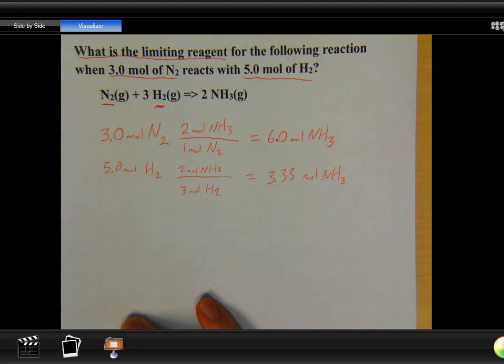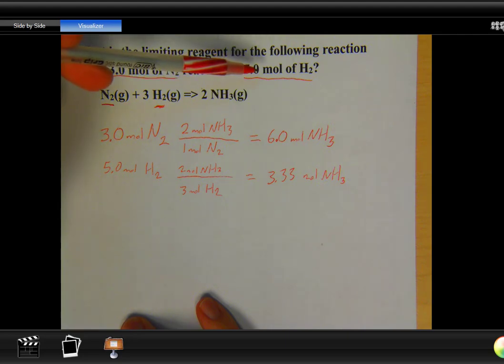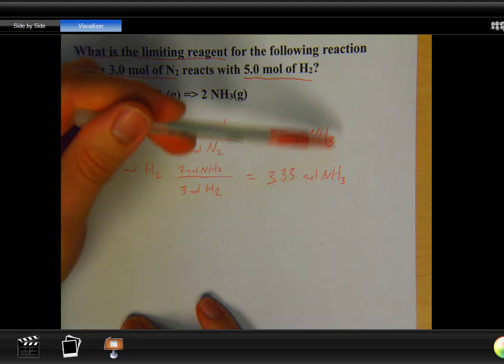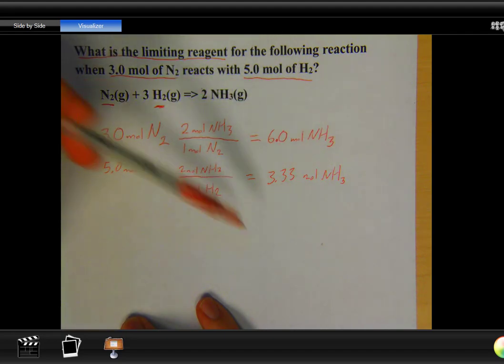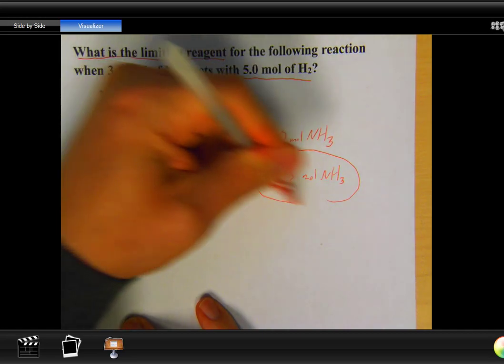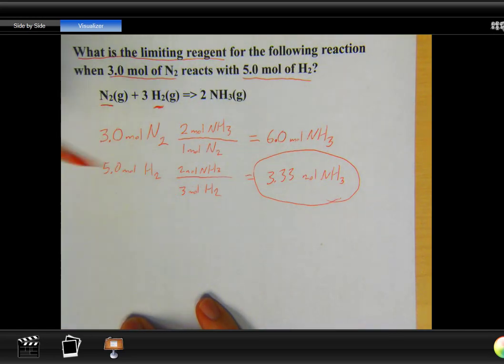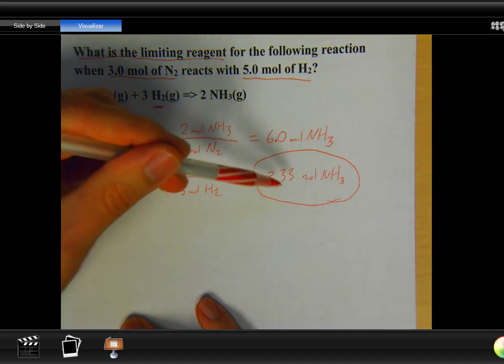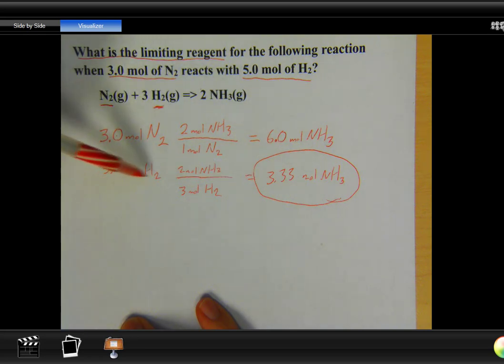Now we make a decision. We have been given the amounts of both of our reactants, N2 and H2, and from each of those we've said how much of the product we can make. We notice between these two numbers, this one is smaller, and that tells us this is what limited the reaction.